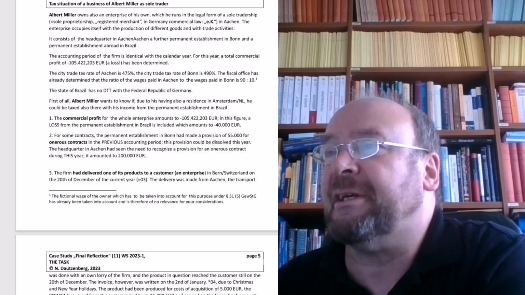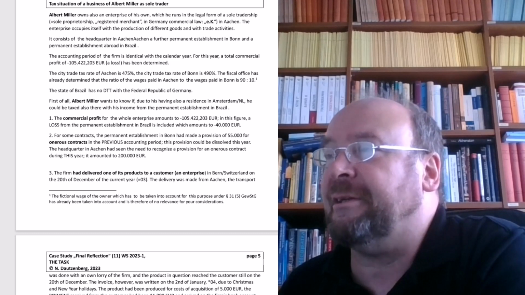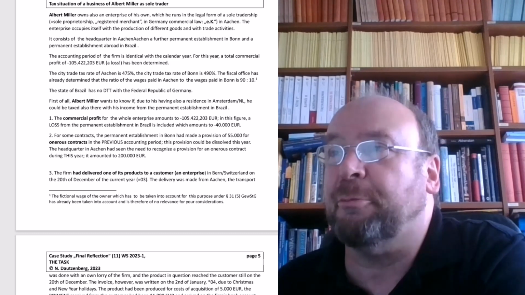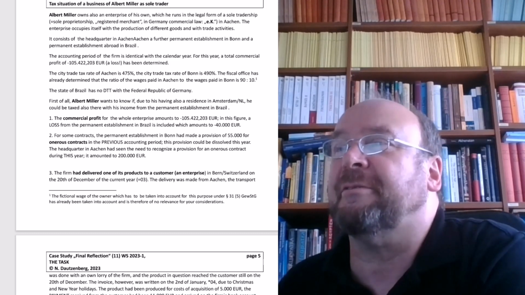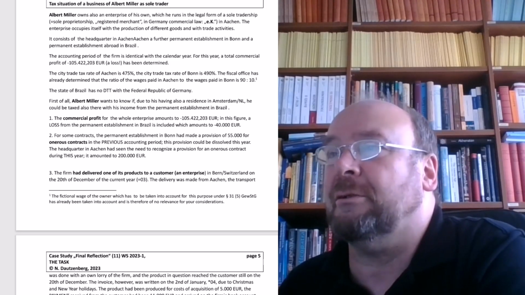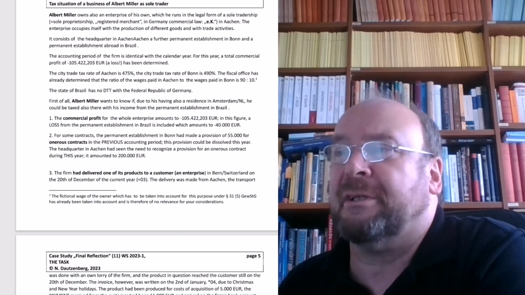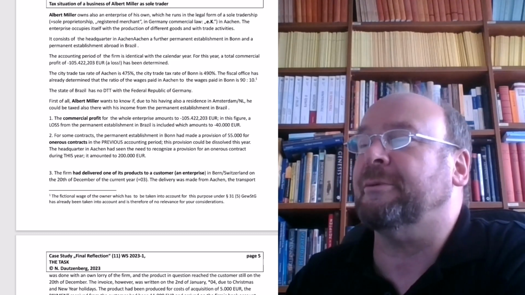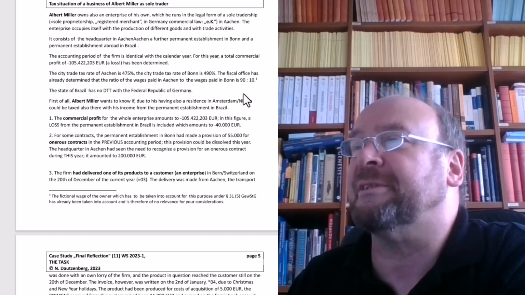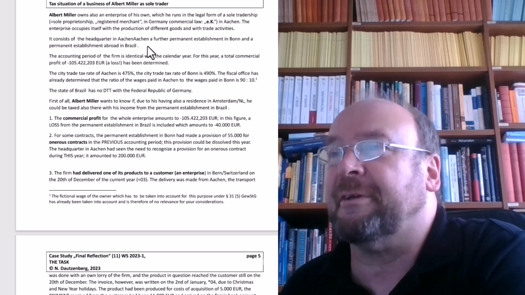And the accounting period of the firm is identical with the calendar year. For this year, a commercial loss came out of 105,422,020 euro. And sorry, 2003, that doesn't exist with euro cents. That's a printing mistake.